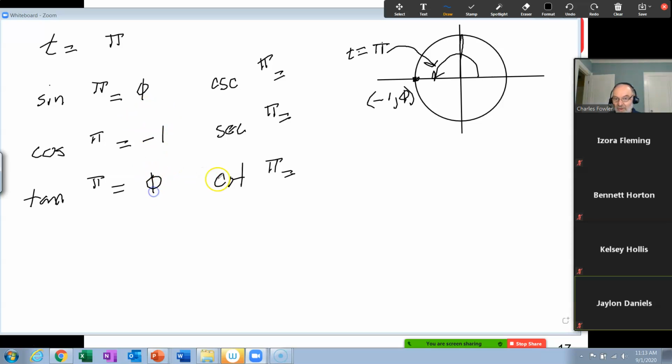That would be 0. Uh-oh! Cotangent, reciprocal of 0, you can't do it. This is undefined. Secant is reciprocal of cosine, which of course is also -1. But cosecant, can't do reciprocal of 0, so this is undefined.